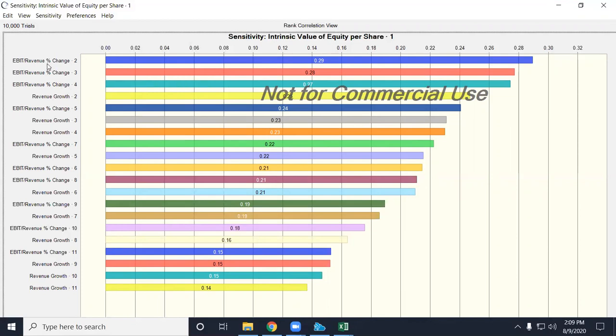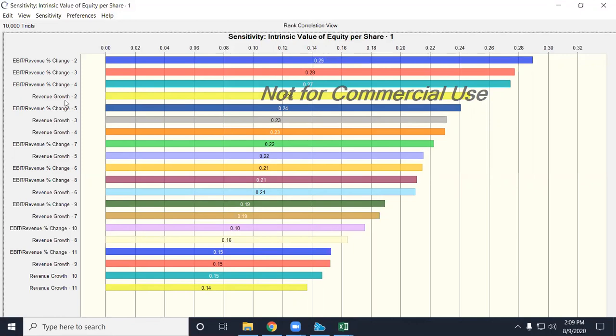Those productivity changes are the biggest contributors to our intrinsic value calculation. So we have to make sure that we understand those estimates pretty well. Otherwise, changes in those inputs can make big changes in our outputs. And you can see their corresponding correlation values to the intrinsic value.